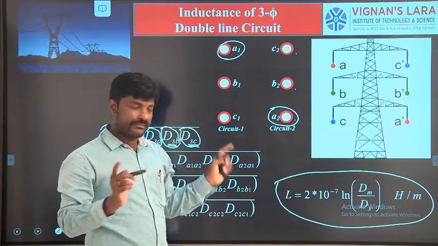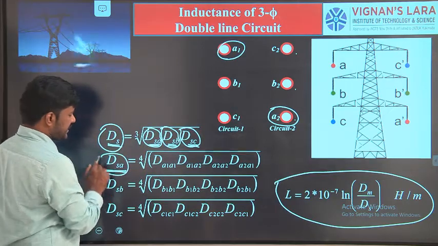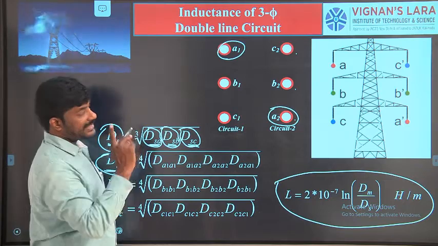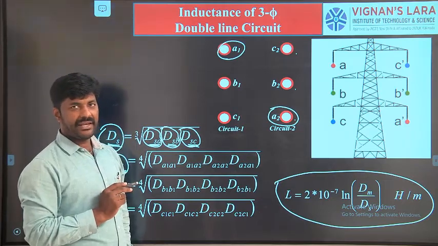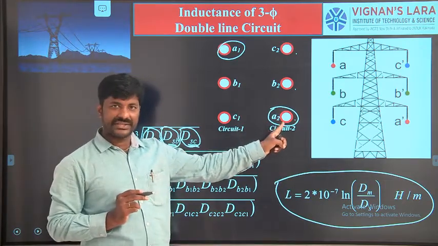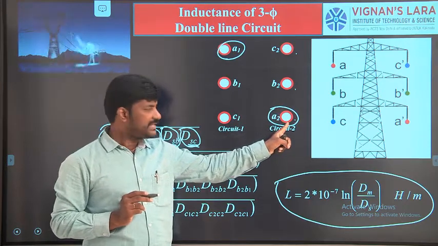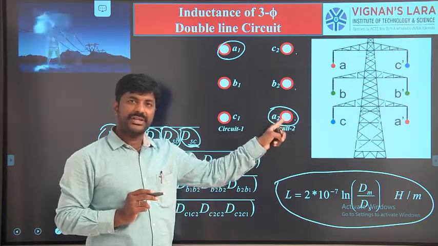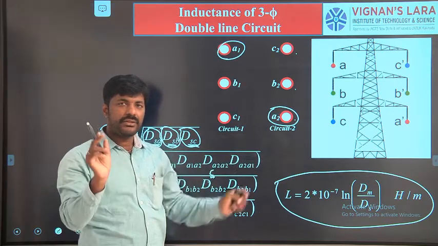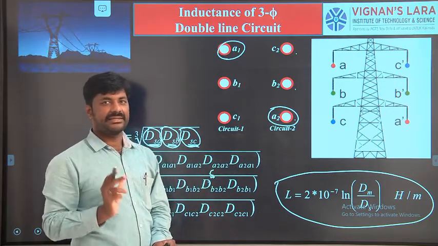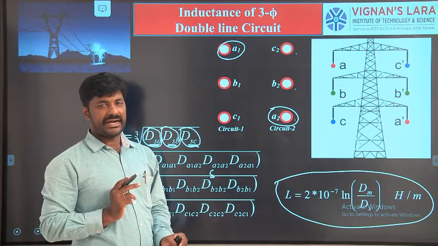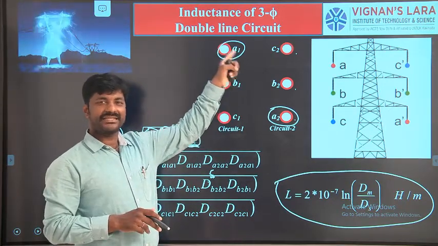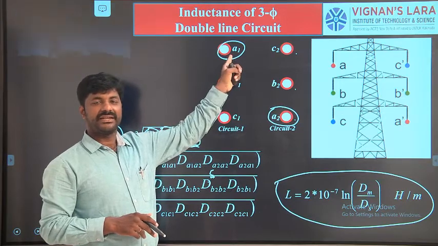One term is R dash and another term available is also R dash, for the conductor A2 available in circuit 2. I call those R dashes distances only, dA1A1 because it is its own suffix.